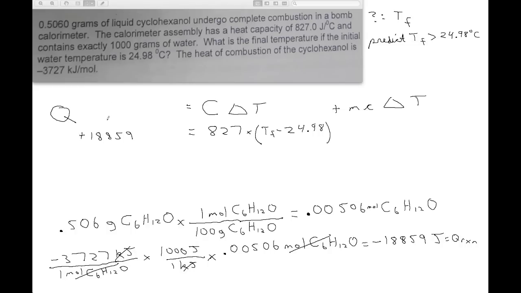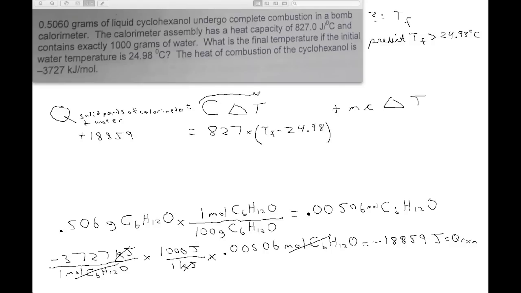So what we would expect is that this number here represents the heat that's being absorbed by the solid portions of the calorimeter, plus the water solution.